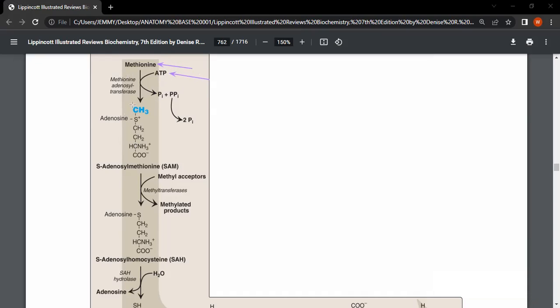So this is the structure of methionine, excluding the adenosine.